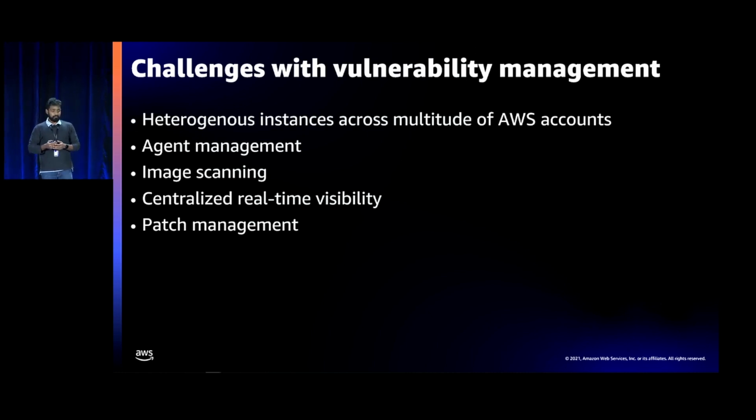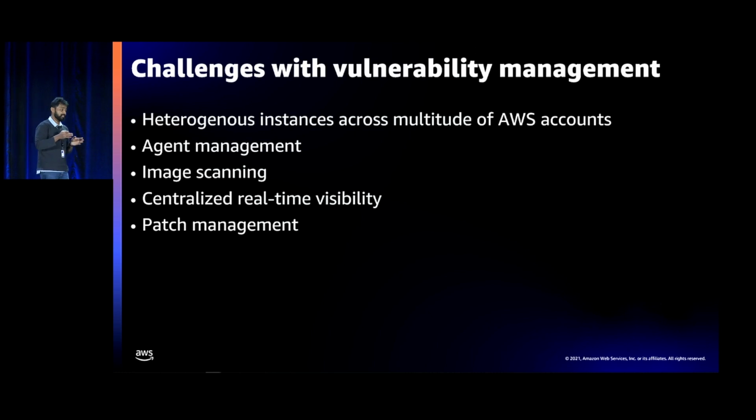With these heterogeneous instances, the bigger challenge is to address vulnerability management, scanning all of these edge cases, all of these instances which might not be part of the larger fleet. Then agent management is a tedious task. We need to make sure that the performance of an EC2 instance is not reduced by installing more and more agents.